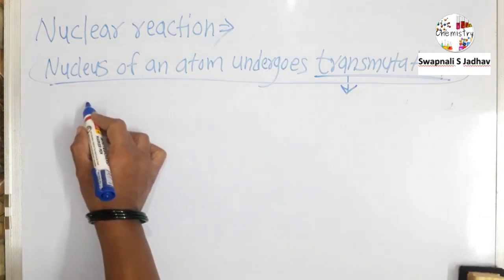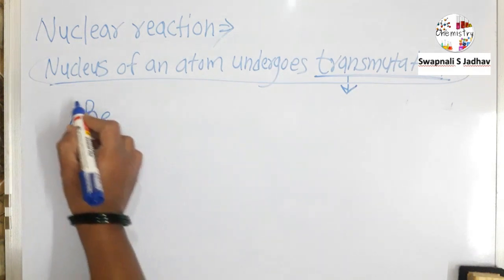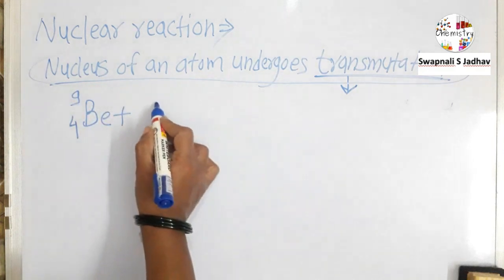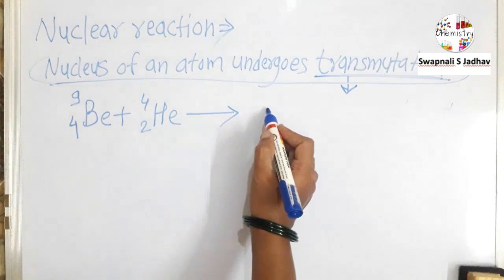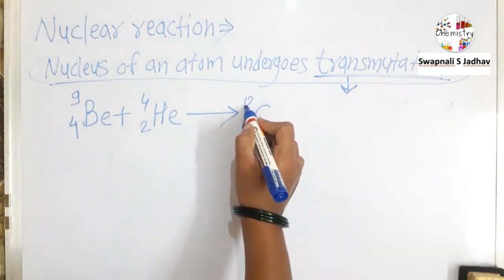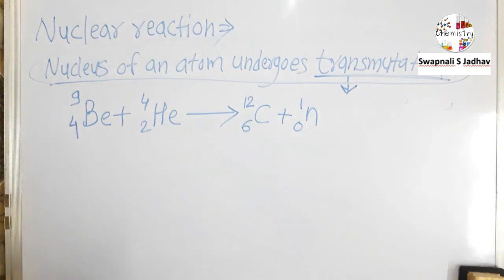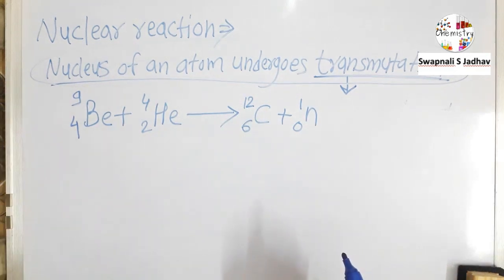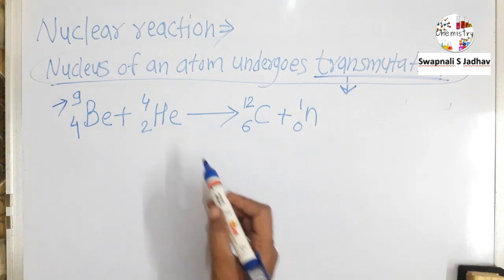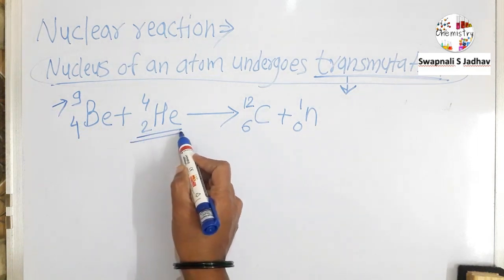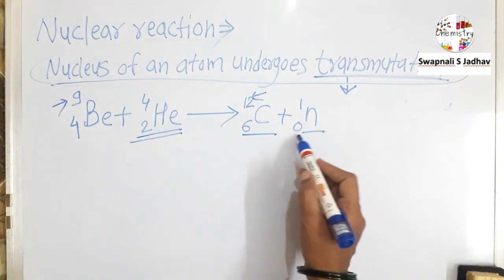For example, beryllium of mass number 9 is bombarded by an alpha particle, then there is formation of carbon 6, 12 with emission of a neutron. When beryllium of mass number 9 is bombarded by an alpha particle, it is converted into carbon having mass number 12 with emission of a neutron.